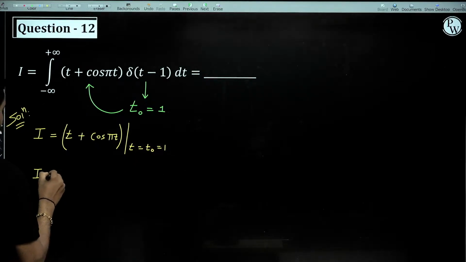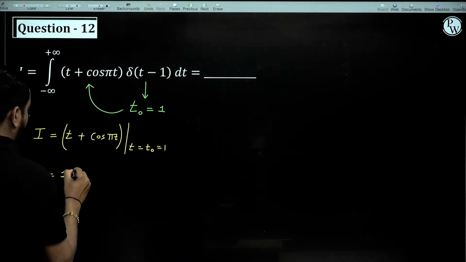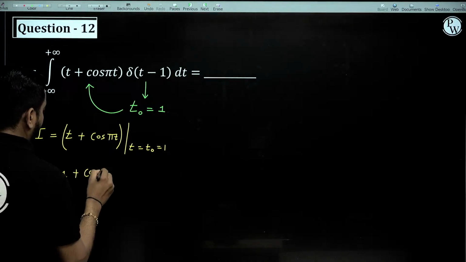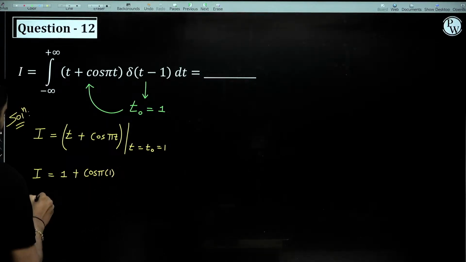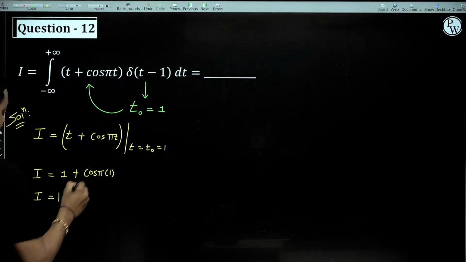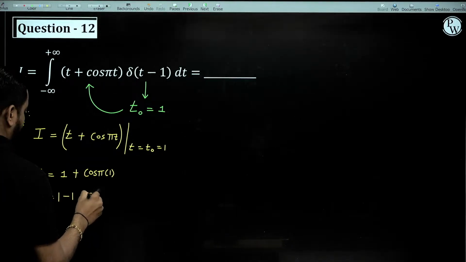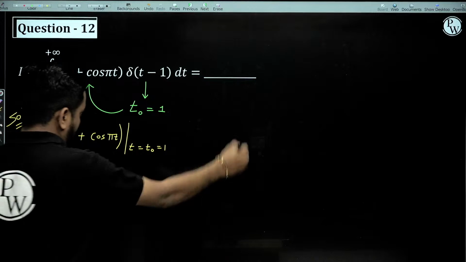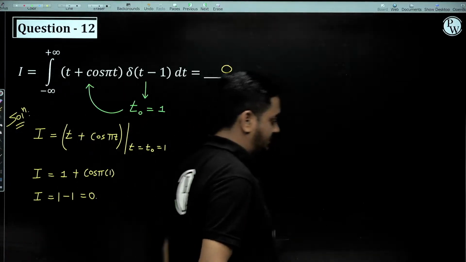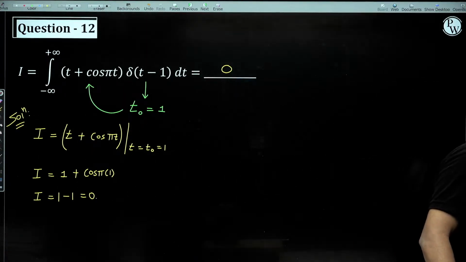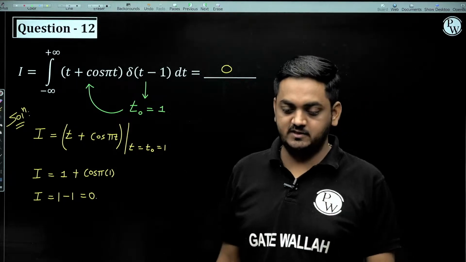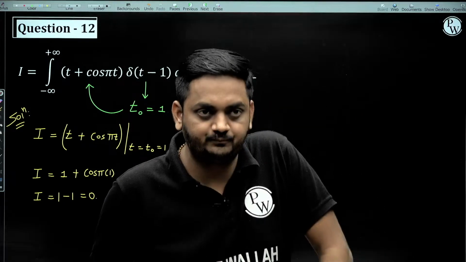So I is equal to 1 plus cos pi into 1, guys. So I is equal to 1 minus 1, which will be 0. So answer is 0 for this question, guys. Correct? So 0 is the correct answer for question number 12.